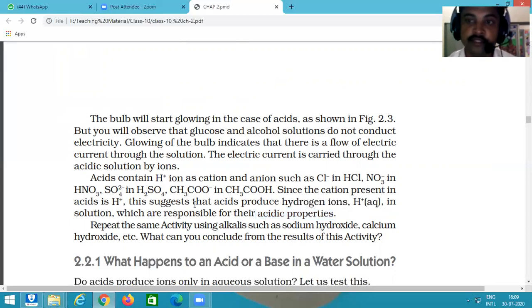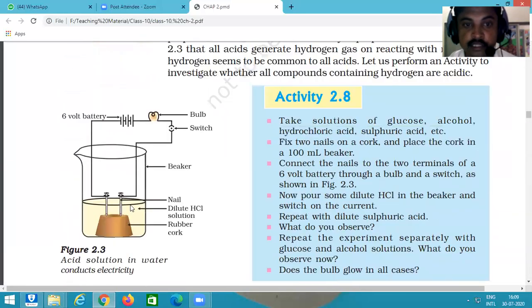We again repeat this procedure with different alkalis or bases such as sodium hydroxide, potassium hydroxide, or calcium hydroxide. So what do we see?